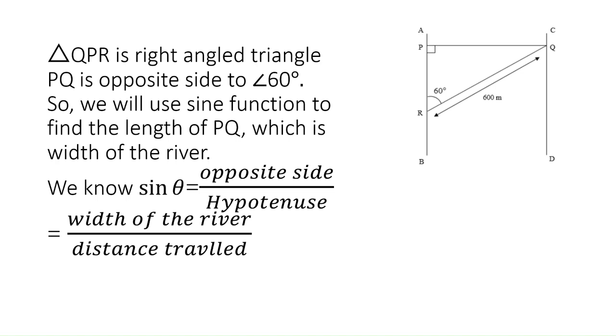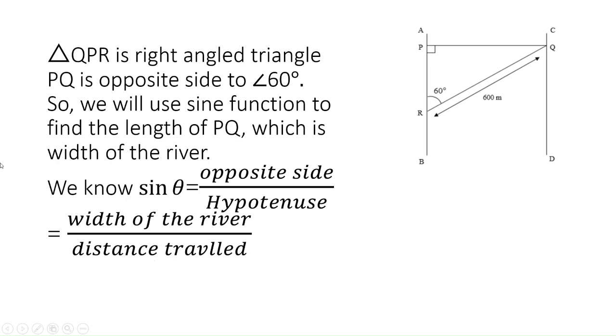We know the value of the hypotenuse, so we can use the simple trigonometric identity sine theta, where theta is angle 60 degrees. So we are using the sine. Sine theta is equal to opposite side by hypotenuse, where opposite side is nothing but the width of the river, and hypotenuse is nothing but the distance traveled by the boat. We must be clear on these two points.